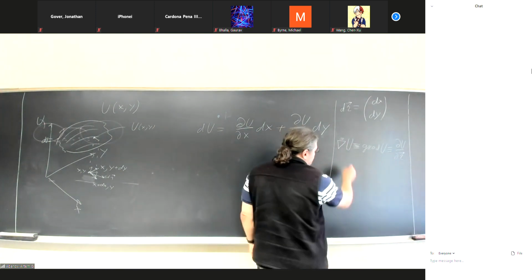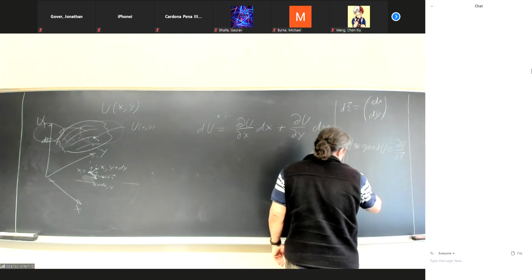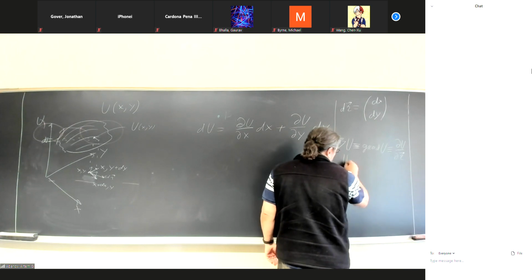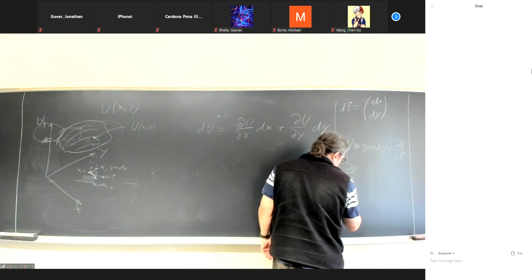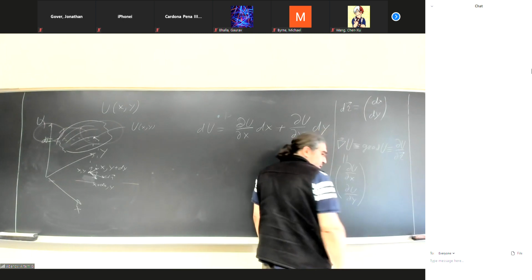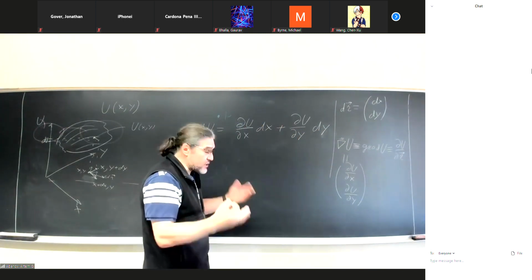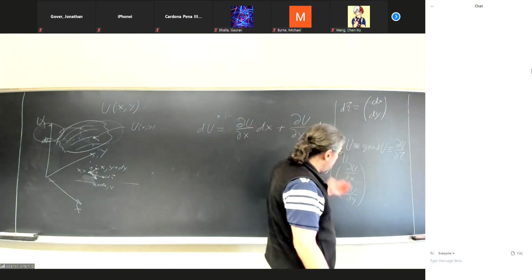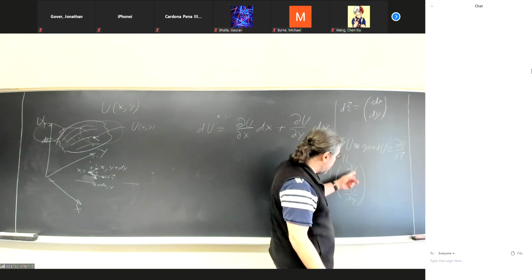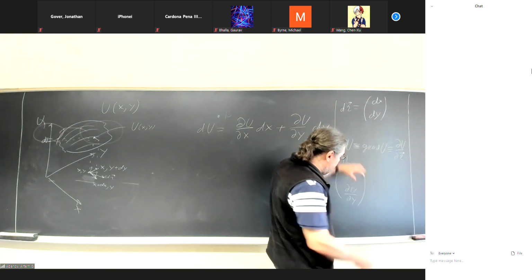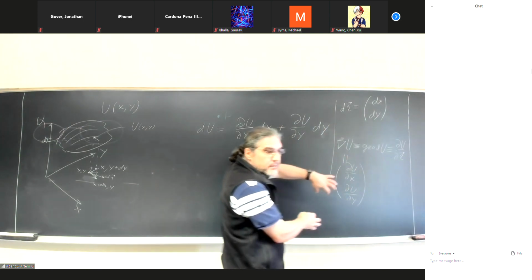And this vector is just a vector of du over dx and du over dy. Right? So if you have function u, in every point you can find its derivatives and construct a vector out of them. And that will be a gradient.